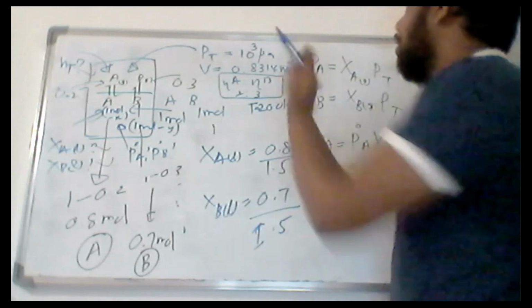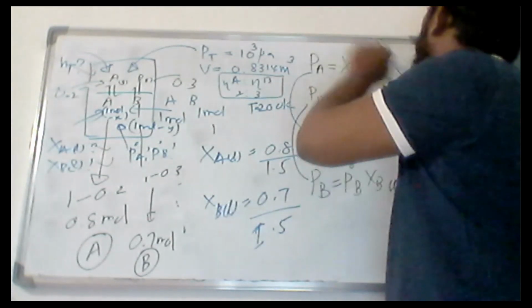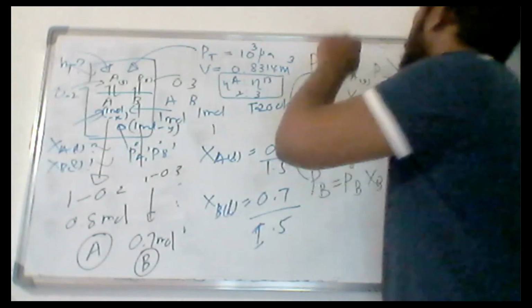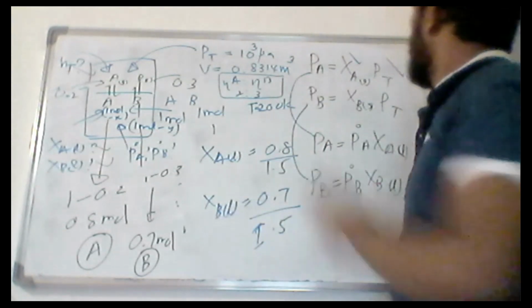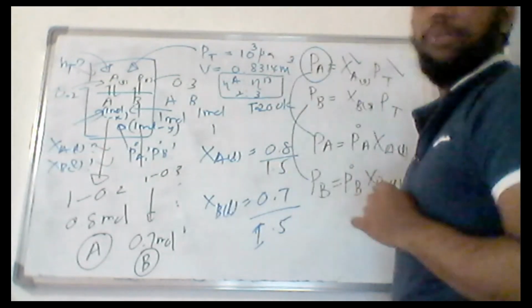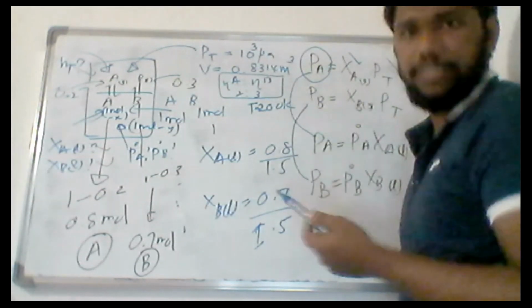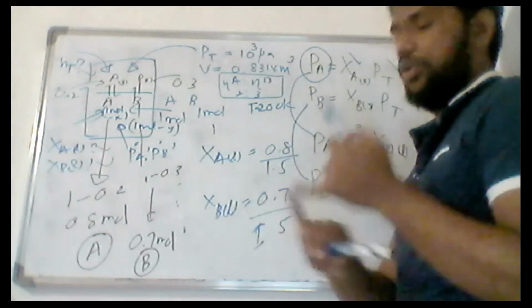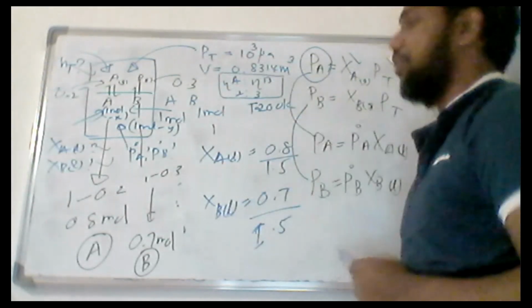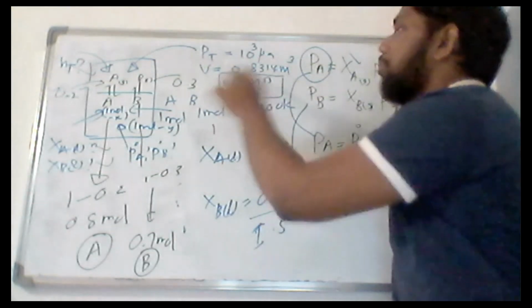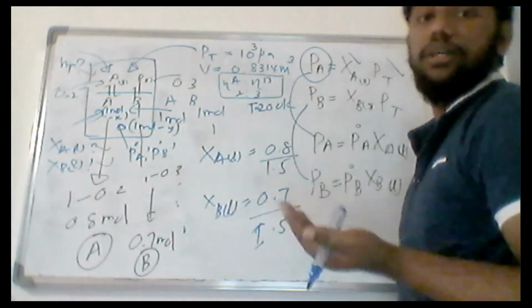Okay, so according to this, here you know PT, here you know XA gas that we already found, right? And then you can calculate PA. In the vapor phase, according to Dalton's law, you know the total pressure, which is 10 to the power 3, and you know XA because we calculated it using the moles.